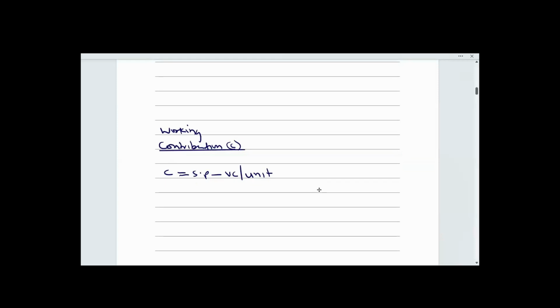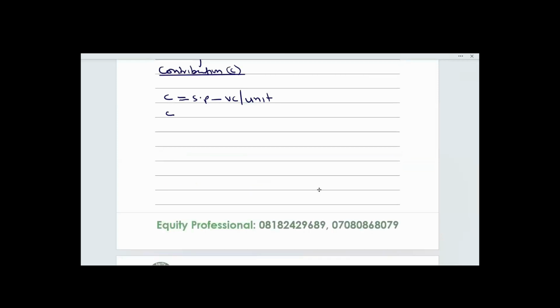So I want to calculate contribution. Contribution per unit is computed as selling price minus variable cost per unit. So contribution equal to 24 naira minus 18 naira. So contribution per unit is 6 naira.